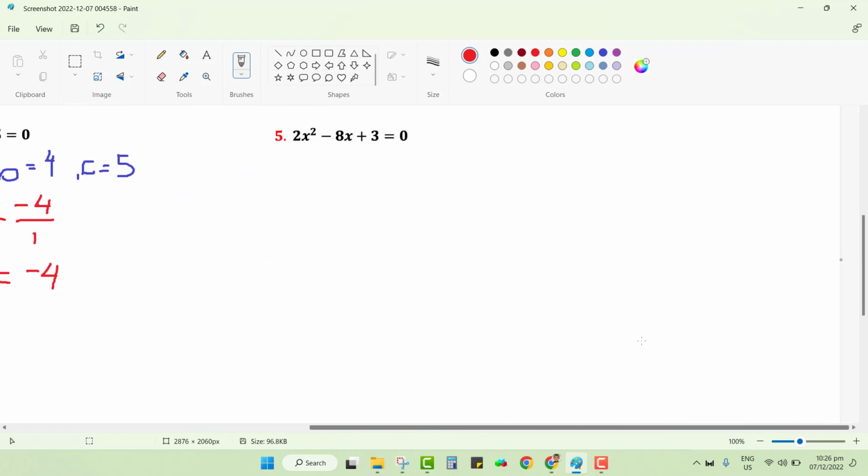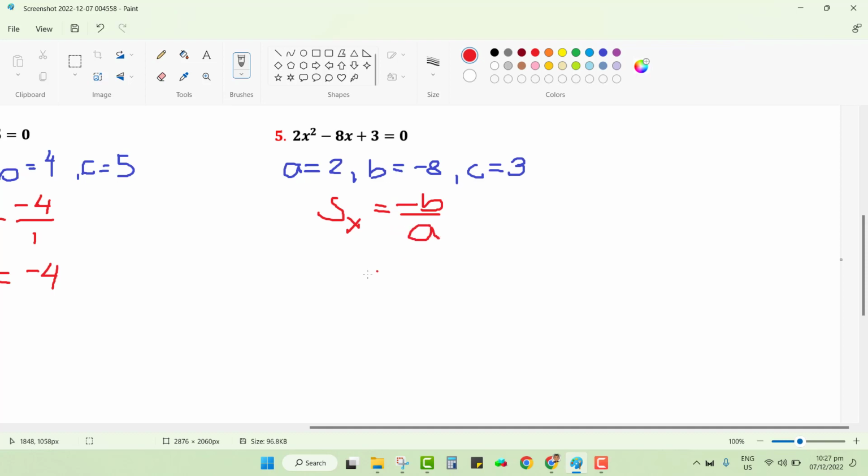Last, number 5. And we are lucky to have an a coefficient which is no longer 1. So to test our skill, a is 2, b is negative 8, and c is 3. The formula for the sum of the roots is given to us by negative b over a.